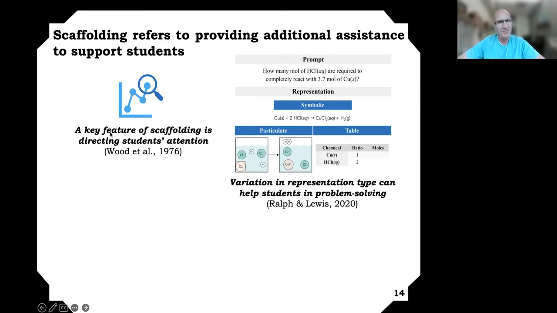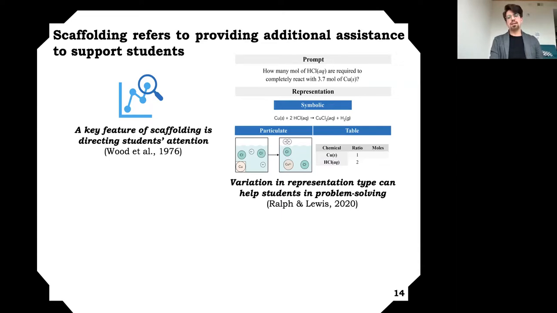Yeah, that's a great question. Thank you for asking. So in the context of this paper, they were essentially looking at the effect of different combinations of these representations. You would expect there to be a difference if you did text plus symbolic, text plus particulate, text plus table.